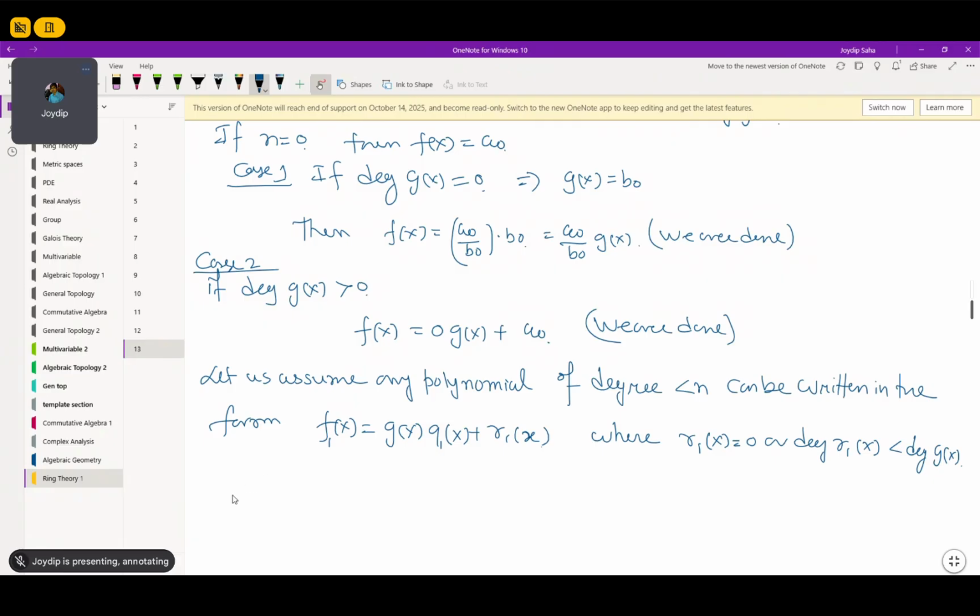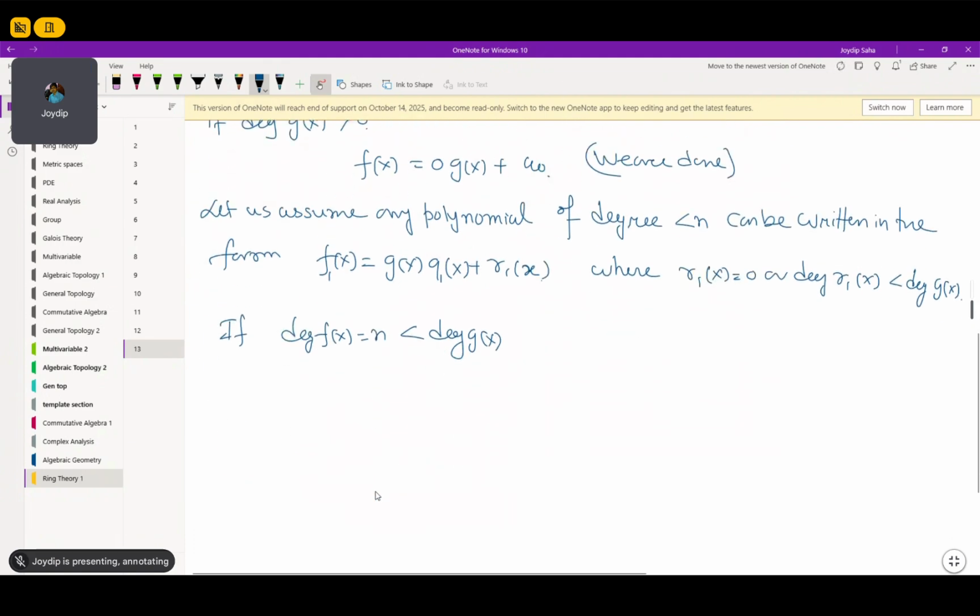Now, for f(x), if degree f(x) equals n is less than degree g(x), we can write f(x) equals 0 into g(x) plus f(x), and we are done.